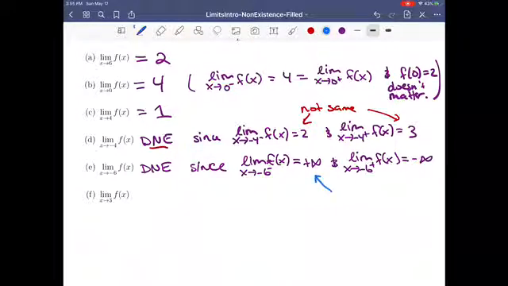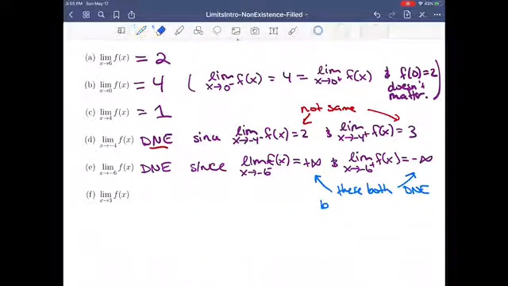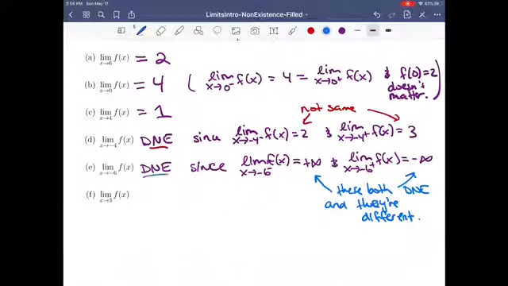Okay, so let's just write these both don't exist. And they're different. They're different infinities. So when you have different infinities, that's why we get DNE here.